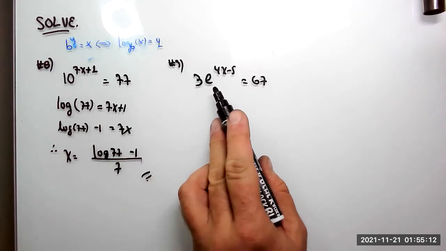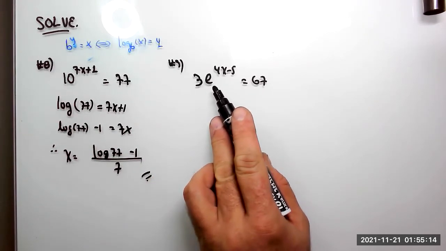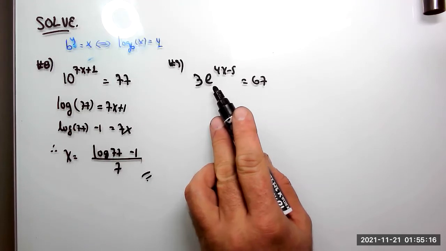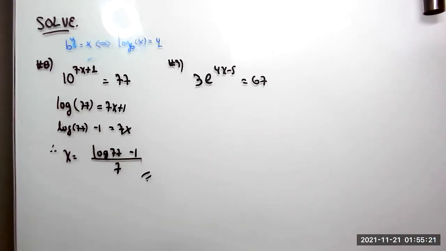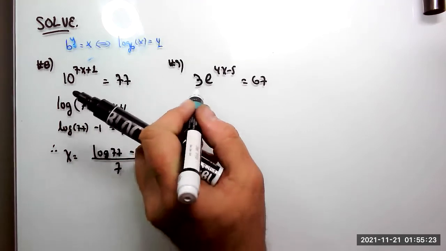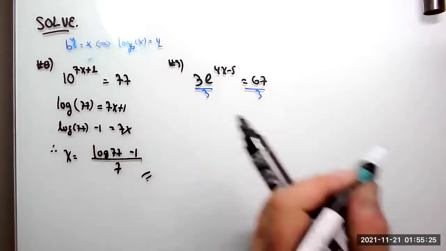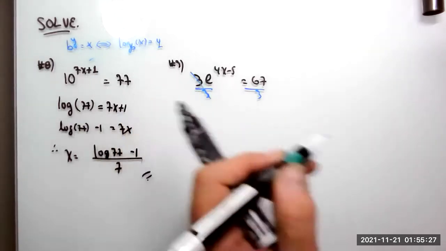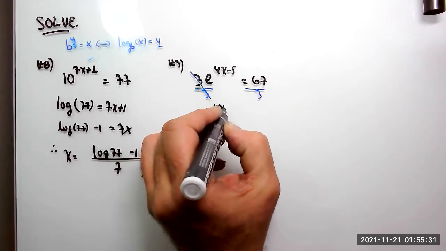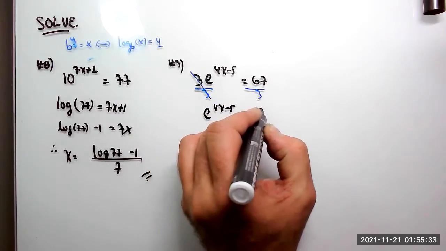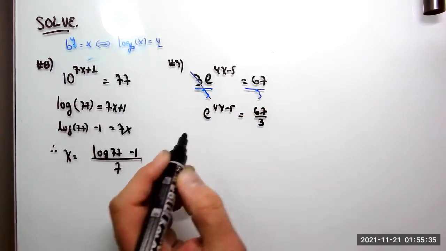The next example, we have this e. So that means the inverse function of e will be ln, the natural logarithm. Before we do that, we need to divide by 3. We divide by 3 on the left, we divide by 3 on the right. 3 over 3 is 1. So now I have e to the 4x minus 5 equals 67 thirds.